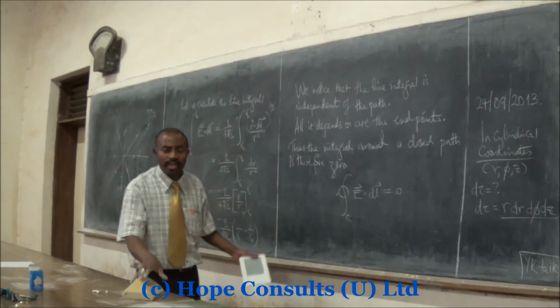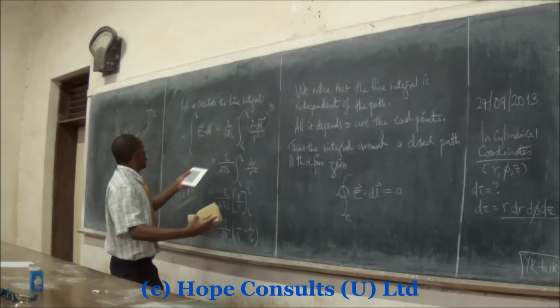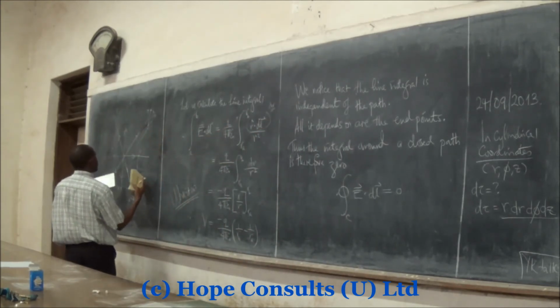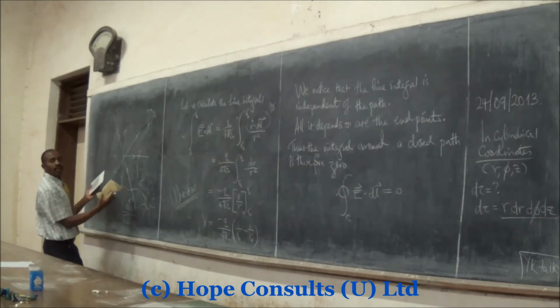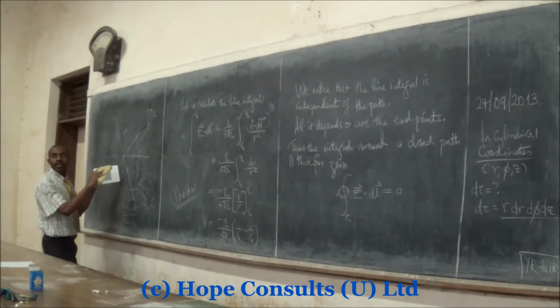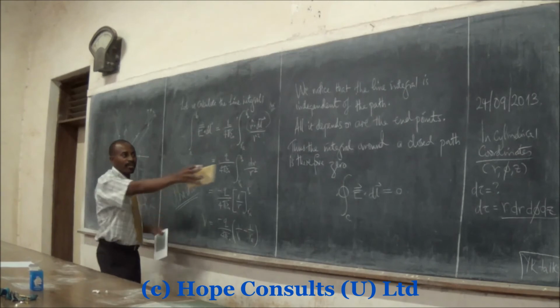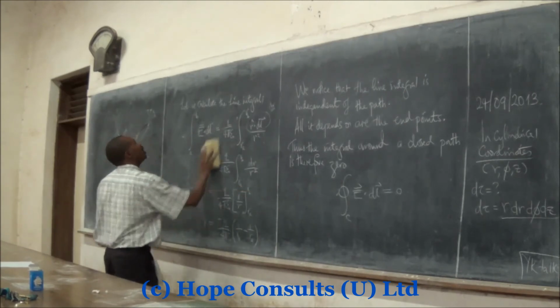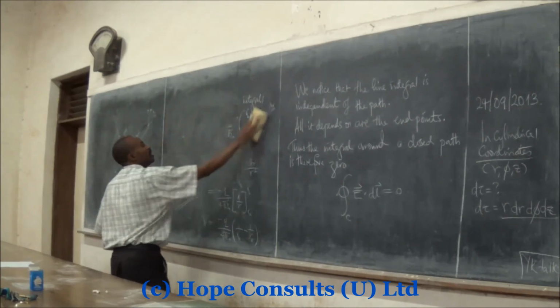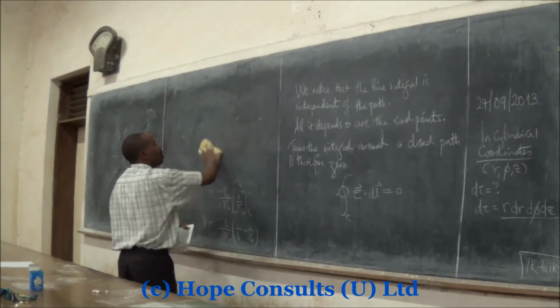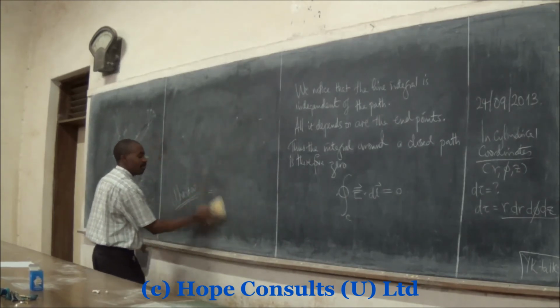But this doesn't really give us the insight we got, that actually when we look at these three lines and we try to curl them, they will give us 0. So what gives us the curl of E from this expression as we are trying to come by it actually gives us 0.